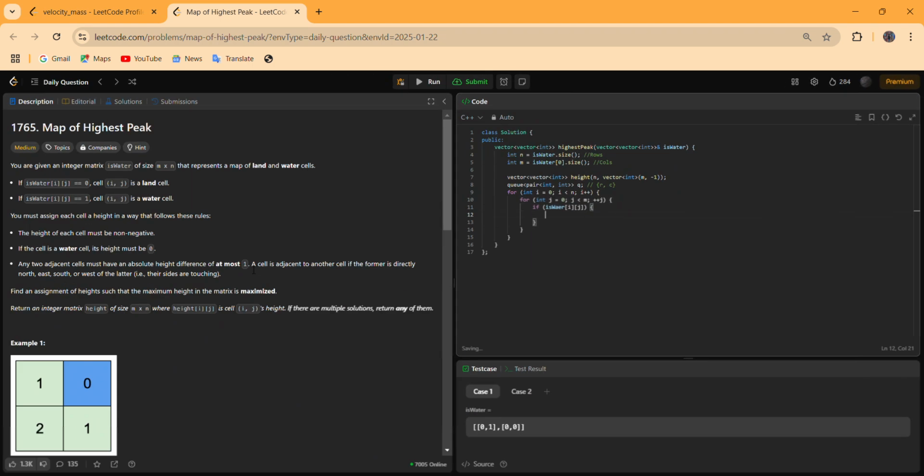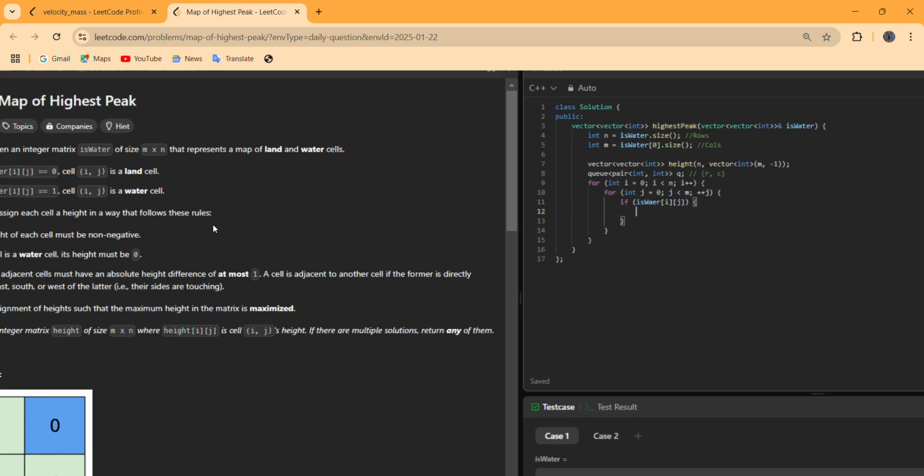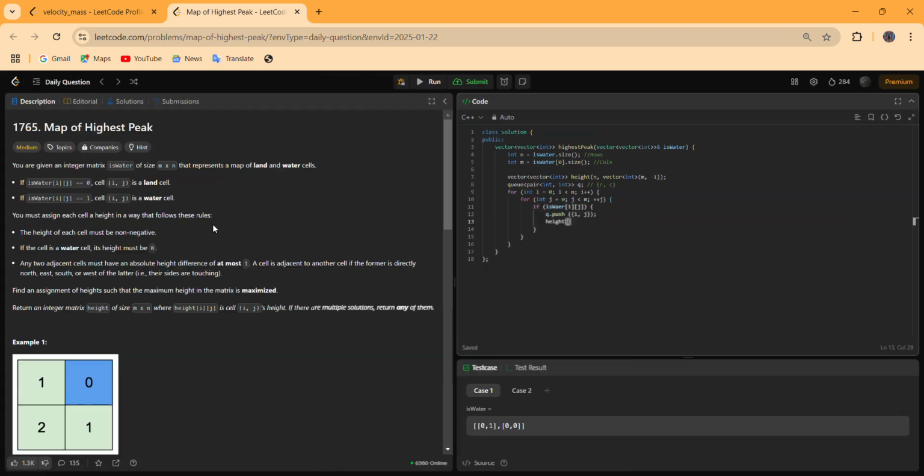One means water cell. If there is any water cell in the input matrix, we have to put that cell in our queue as a pair, and we have to change the height cell from -1 to 0 at that place.